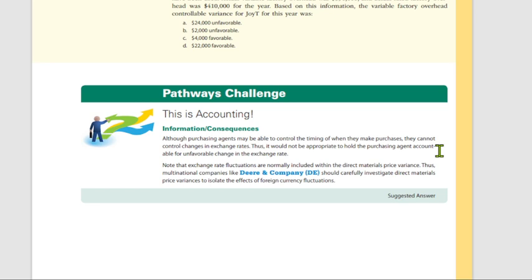Kung paano natin siya i-explain, kung paano tayo magbibigay ng recommendation to improve yung mga unfavorable variances na nakita natin, to pinpoint responsibility and accountability to those who are in control of that particular variance.